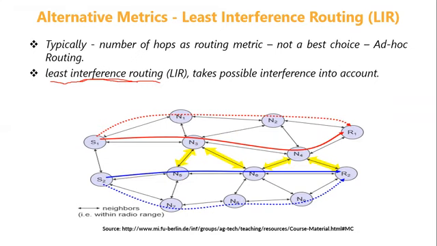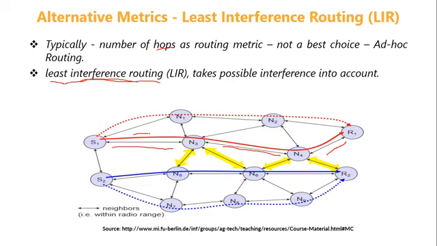Okay. First, let us identify the path based on hops. From S1 to R1, let us identify a path based on hops. There are two paths available. One is path 1: S1 to N3, N3 to N4, and N4 to R1. So this has three hops: 1, 2, and 3.